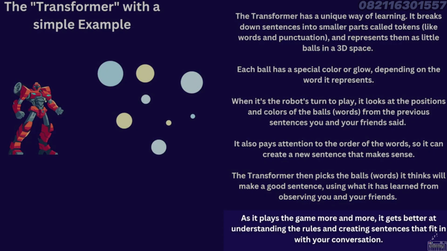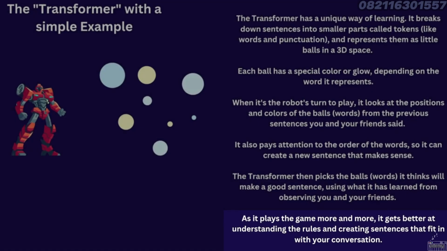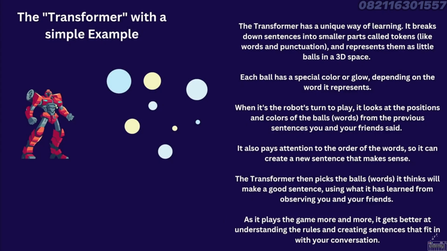As it plays the game more and more, it gets better at understanding the rules, and it tries to create sentences that will finally fit in with your conversation. This is a general example to understand what the transformer tries to do in real conversations between you and your friends or whatever on the internet.